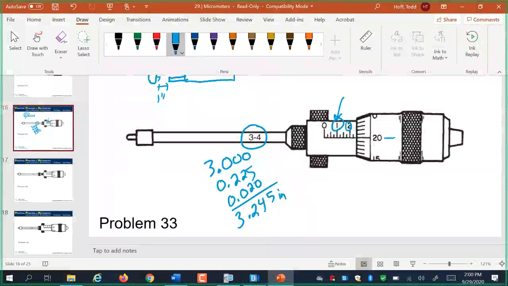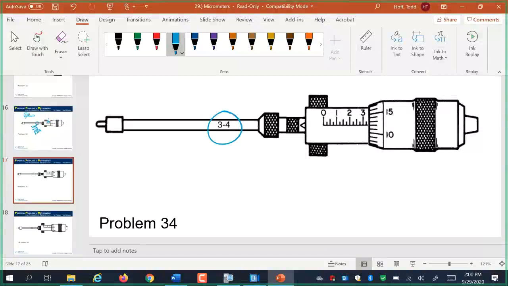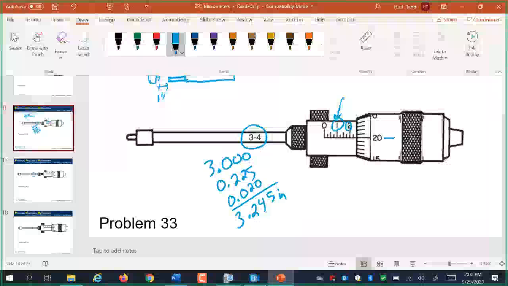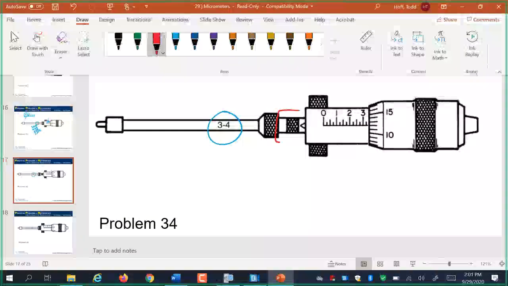Now I want you to look closely at this one, and now look at this one. They both have a 3 to 4 inch extension on them. But what's different between the two of them? What's different on this one? There's that extra little piece. That's a 1/2 inch extension.